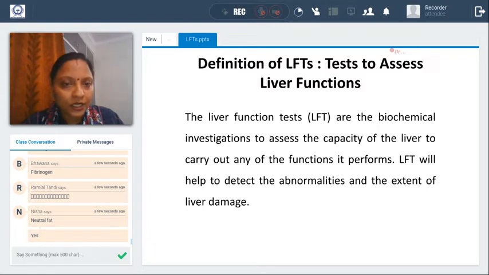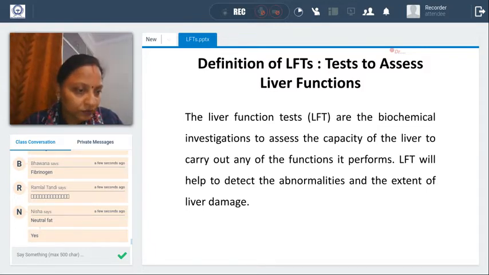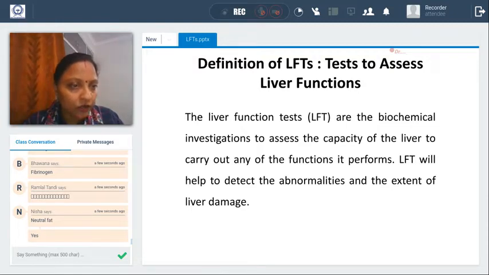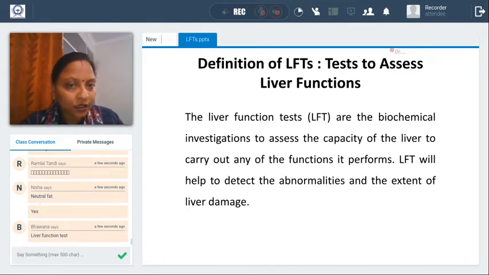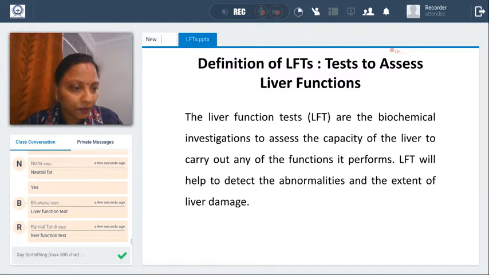Write in the box. Pankaj, write the definition of LFT. Do you hear me? Okay. What is LFT? Please define.